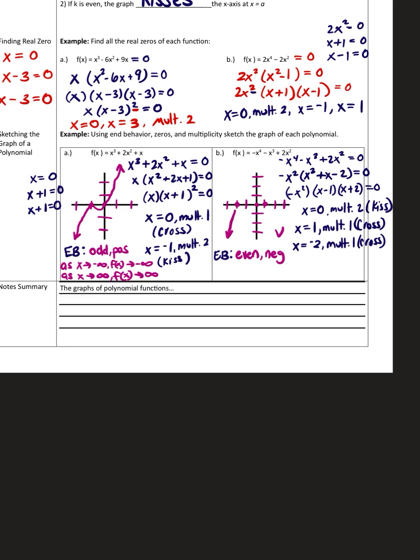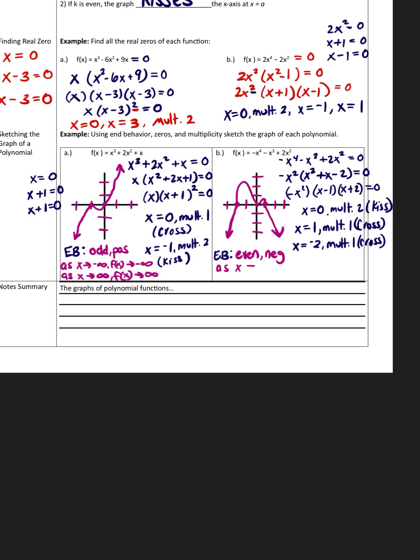And again, if you want to know how high these curves go, you are more than welcome to check it out by plugging in some other numbers. Like you could plug in negative 1 into this function and see what it equals. All right, so your graph should look something like this. And I'm just going to finish it off with my end behavior.